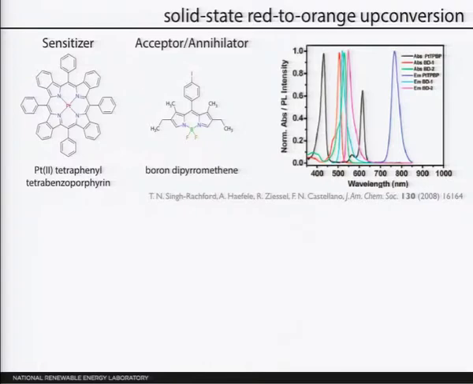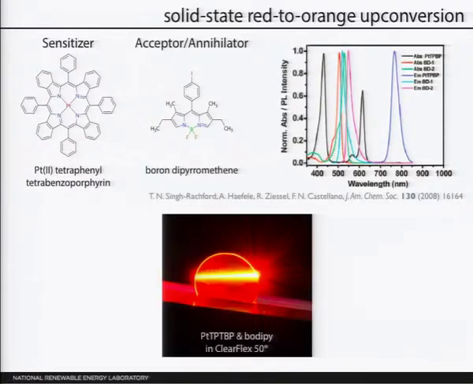The first example here, which would again not be particularly applicable to amorphous silicon or OPV, is this porphyrin derivative, which was coupled with a boron dipyromethane dye. And in that case, you can see red to orange upconversion again in the solid state.